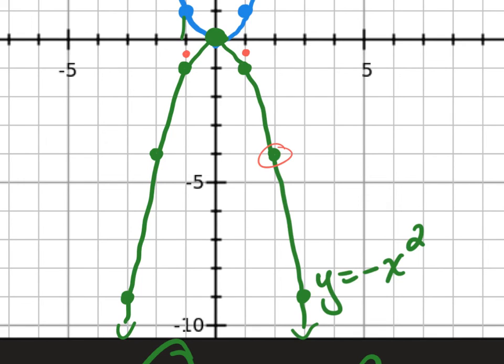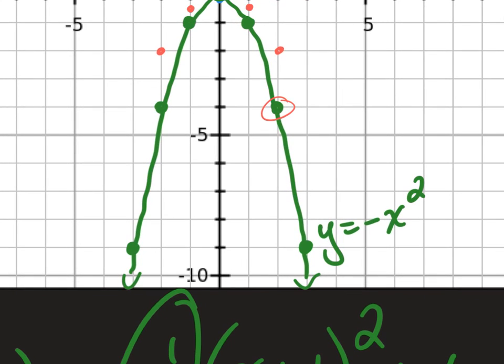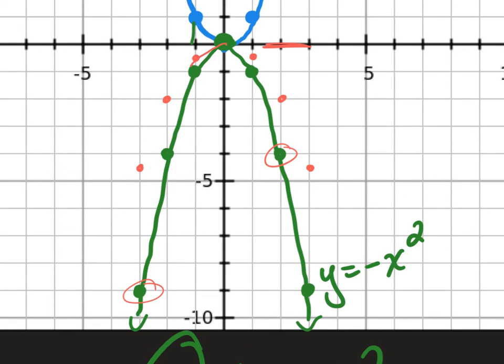This, instead of being 4 away from 0, will become 2 away. This one, instead of being 9 away, what's half of 9? 4.5. So we're going to be right here. Same thing here. And you can see that results in a wider parabola. So it's a little bit fatter. That's y equals negative, because we already did the flip, 1/2 times x squared.